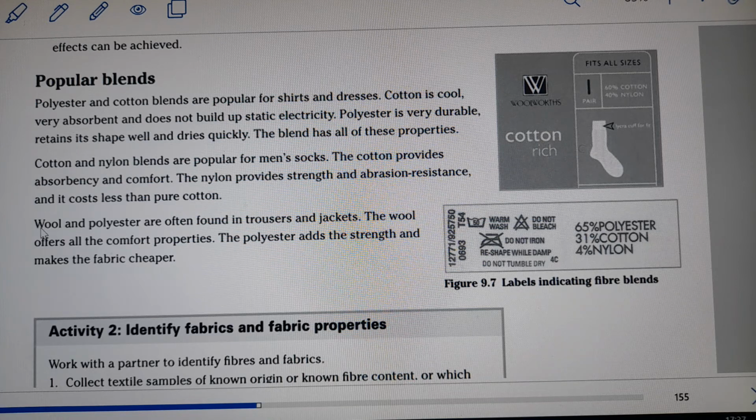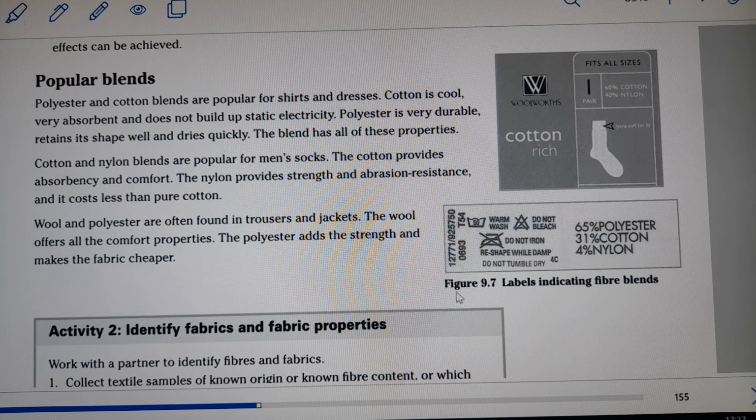Another blend, the third one, is wool and polyester. They are often found in trousers and jackets. The wool offers all the comfort properties, and the polyester adds strength and makes the fabric cheaper.